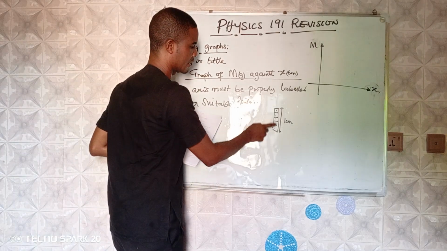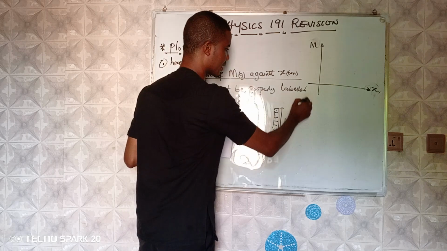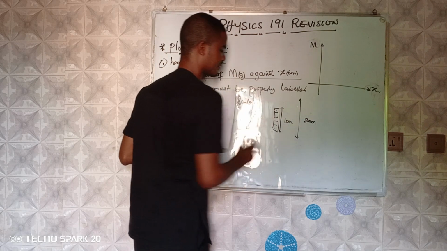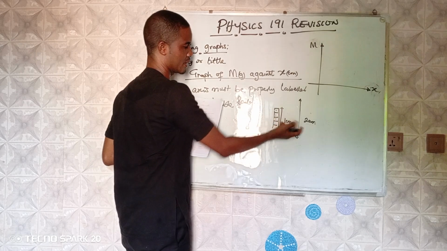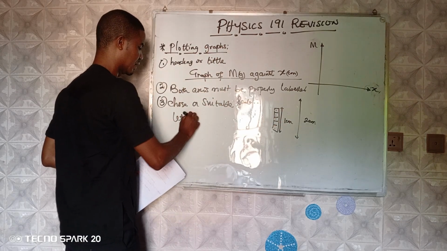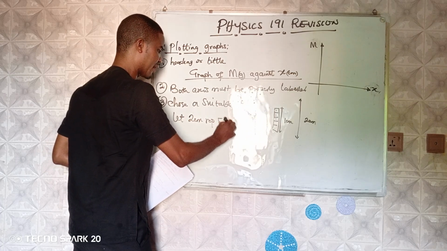So 1, 2, 3, 4, 5. If I have 10 of it, 10 of it will be 2 centimeter. 5 of it is 1 centimeter. So I can say let 2 centimeter represent 5 units.